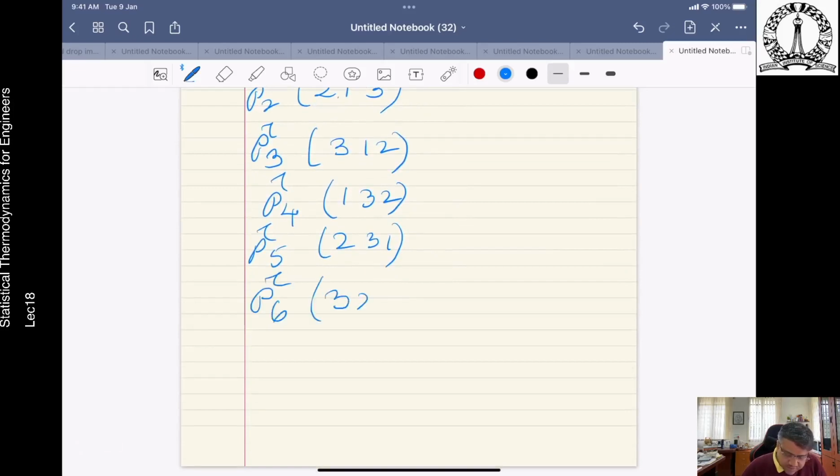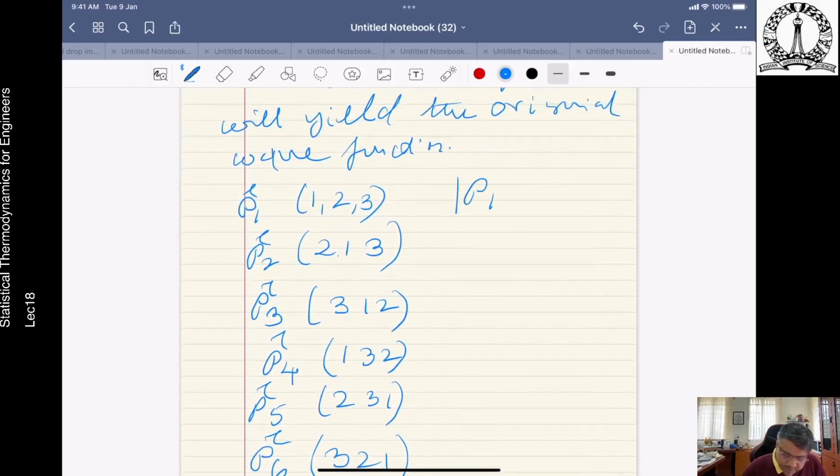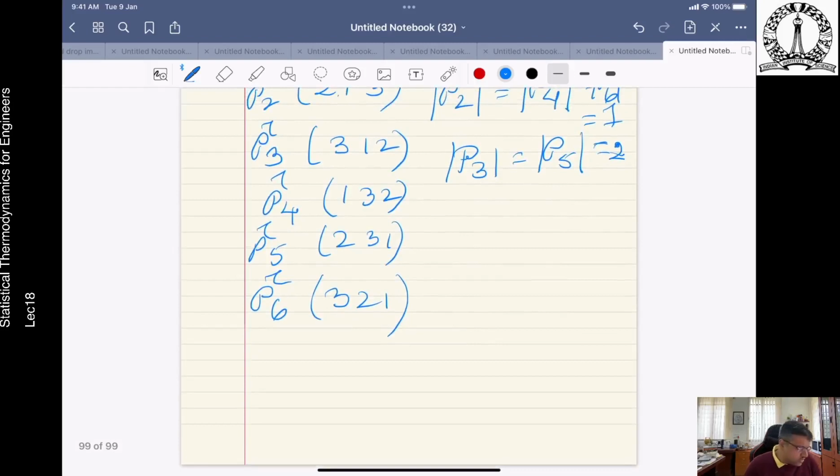P6 is 3, 2, 1. So delta P1 is obviously equal to 0. Delta P2 is equal to delta P4 and delta P6, all equal to 1. And delta P3 is equal to delta P5, equal to 2. So, in other words, PR, when acting on a wave function, should give you plus or minus, raised to delta PR.